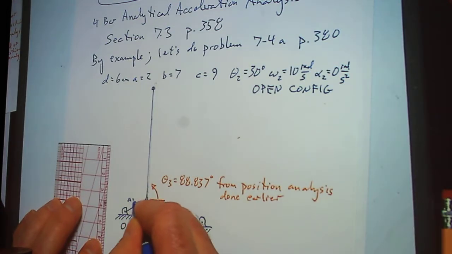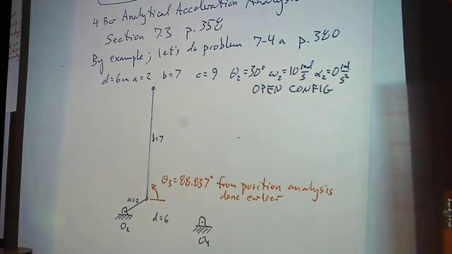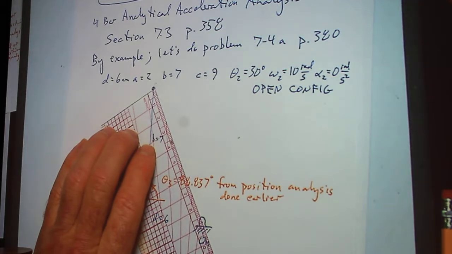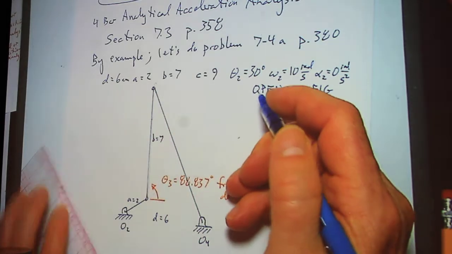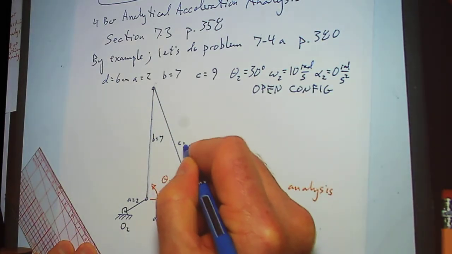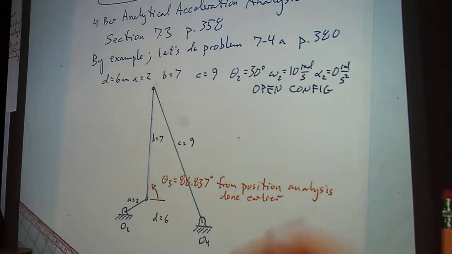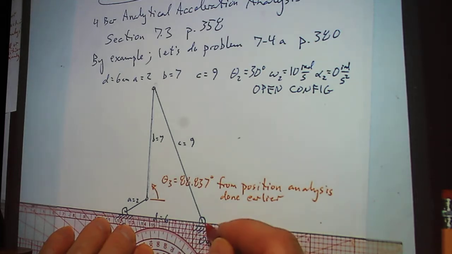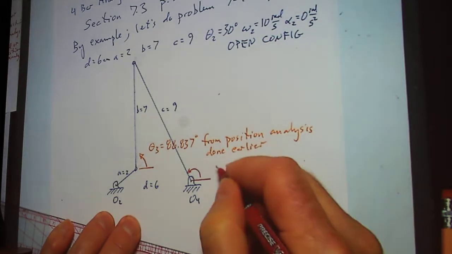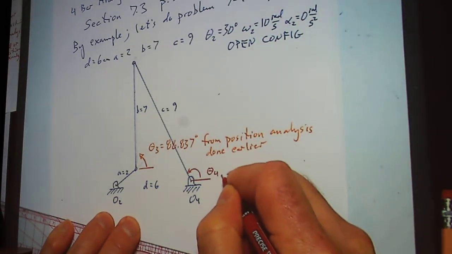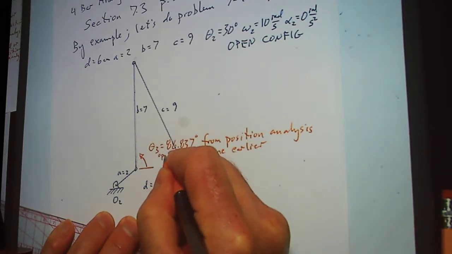So this is A is equal to 2, B is equal to 7. And then I have from here, this is C equals 9, and this one here, I know from earlier that theta 4, and let me put open here, and let me put theta 3 open here just to be clear.